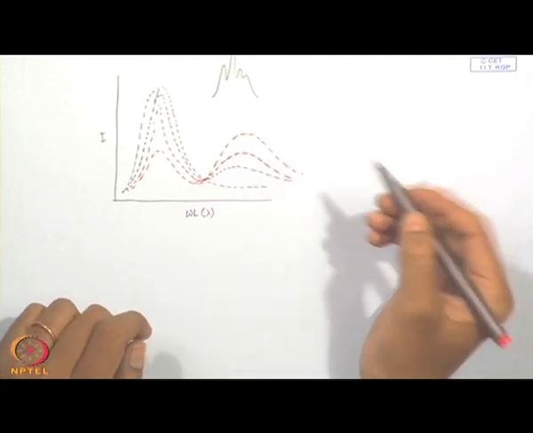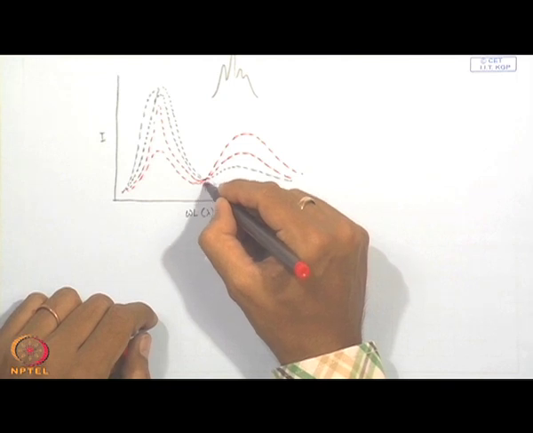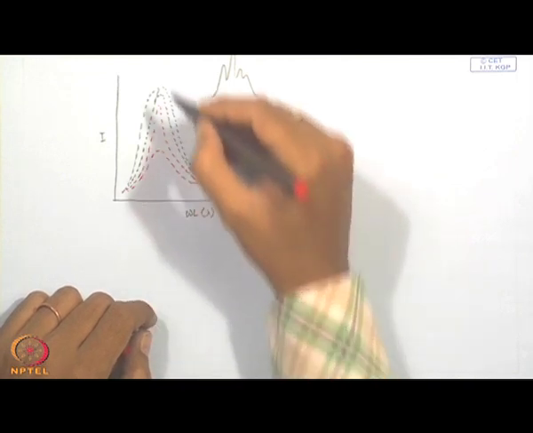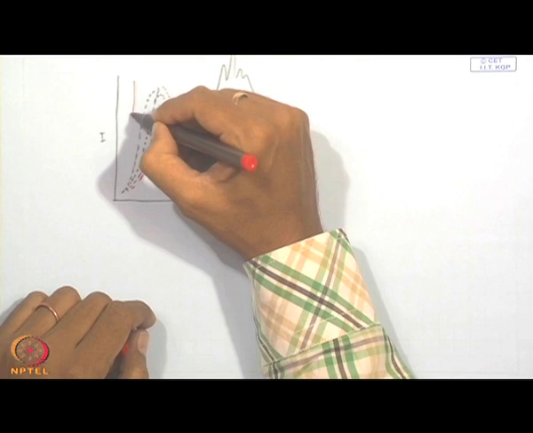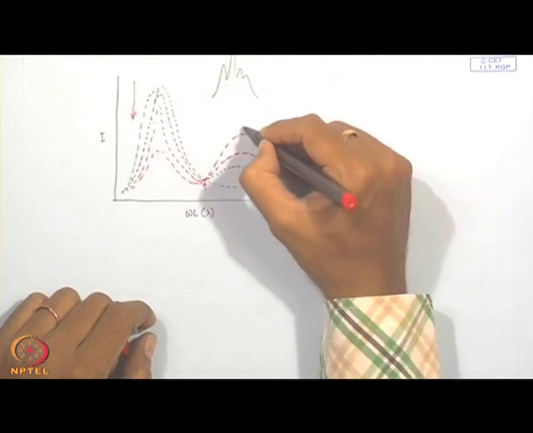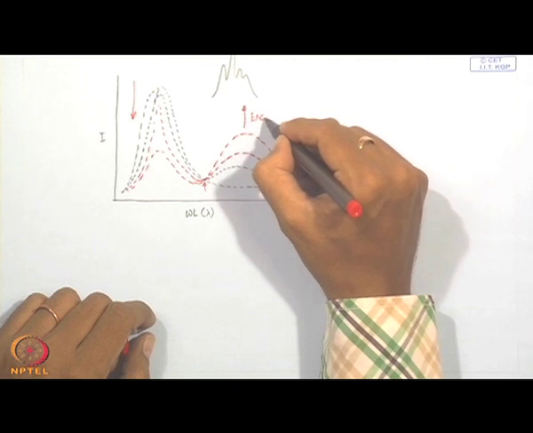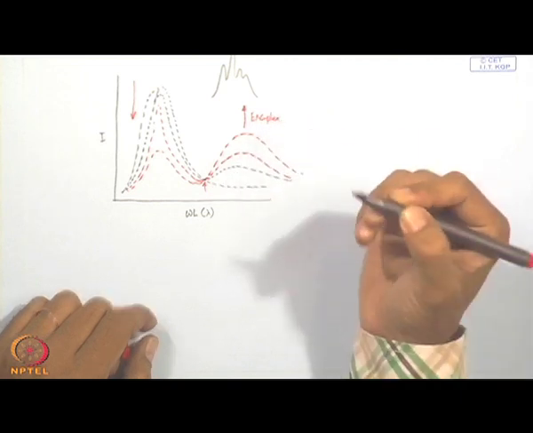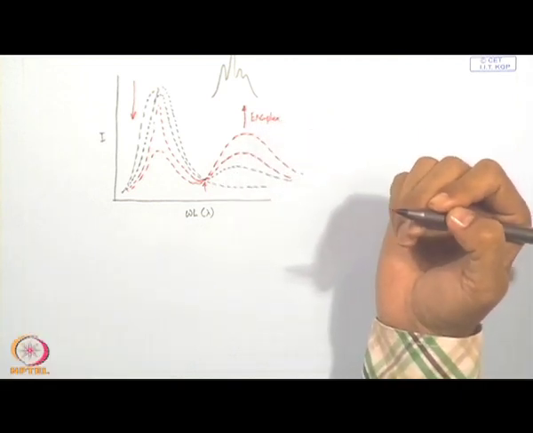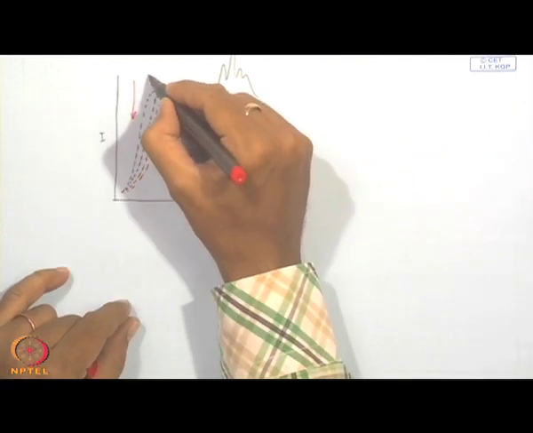Okay. And you see that there is an isoemissive point. This is your donor fluorescence and this is your exciplex.